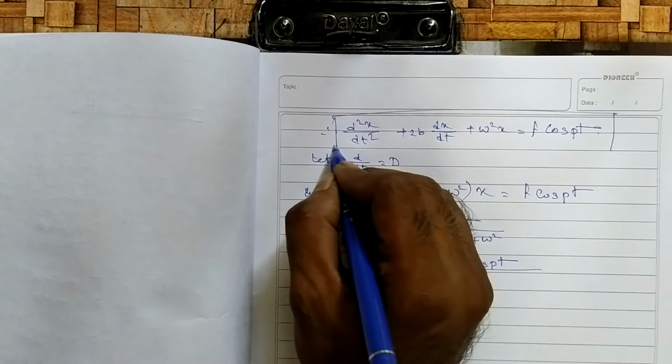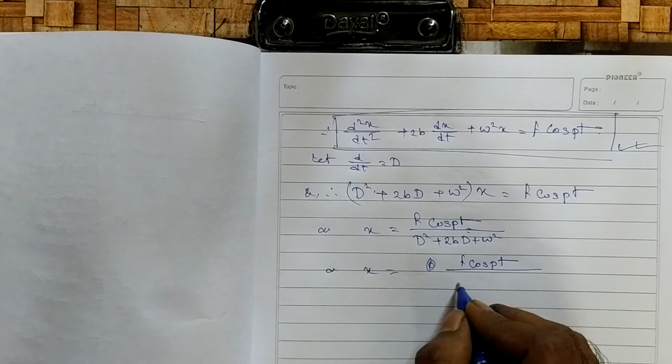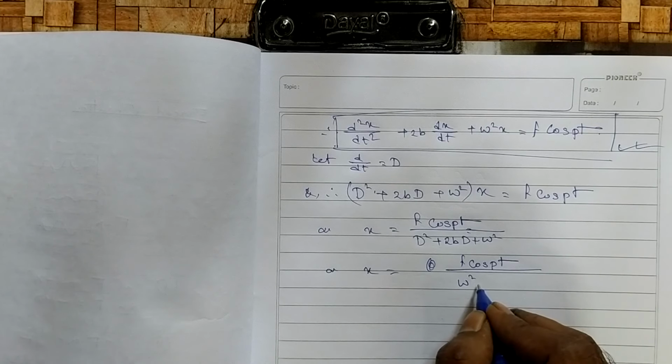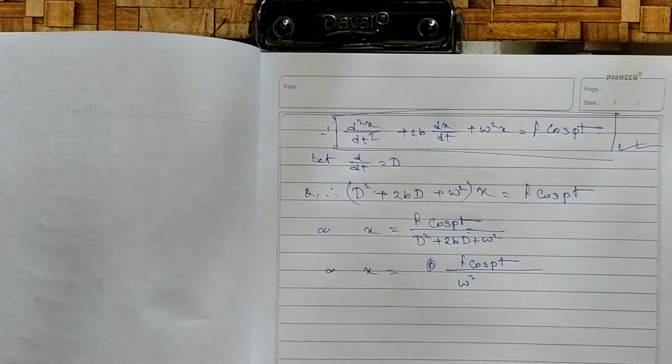Omega square minus p square, just a minute.